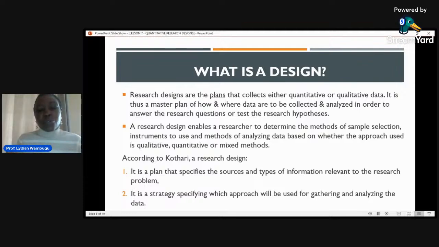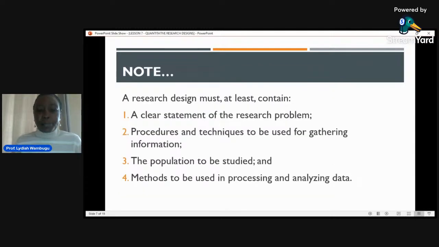So in general, all this information is just telling us that the plan you come up with so that it can help you collect either numerical or narrative data is what we call a research design. It helps you determine whom you will use as your sample, what instruments you'll use, how you will analyze the mathematics or statistics, and how you will even present your work.